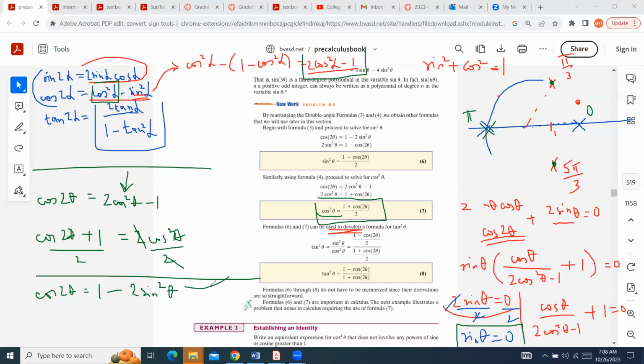And this gives you a way to produce sine. Once you have those, you can extract square roots on both sides, and that's how you get sine of theta. So it's either 1 minus cosine or 1 plus cosine.